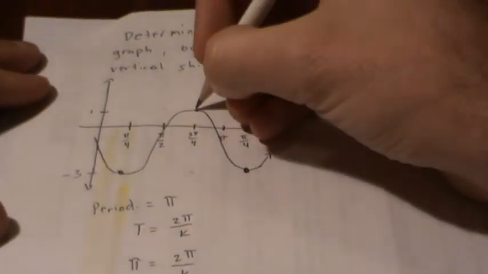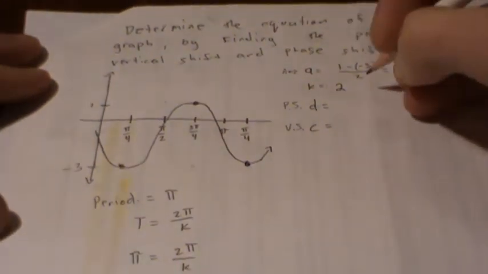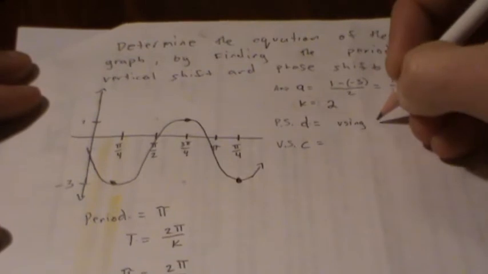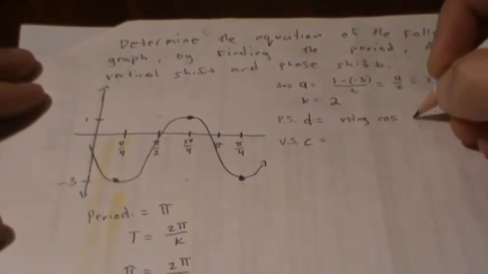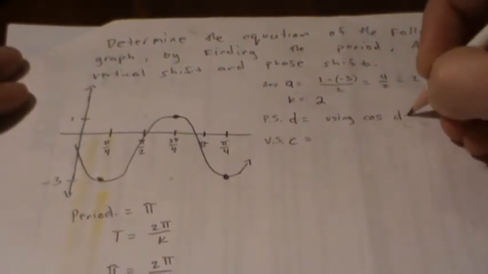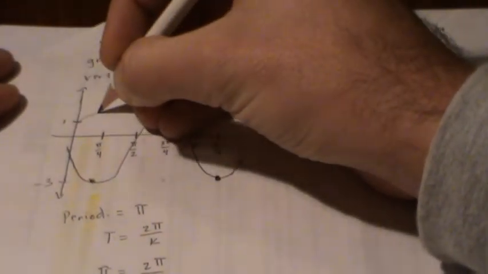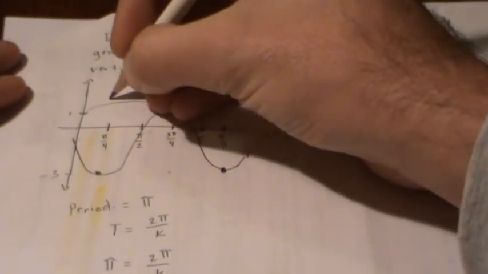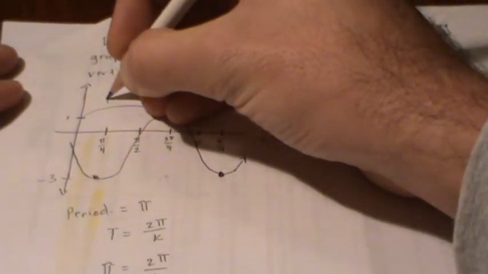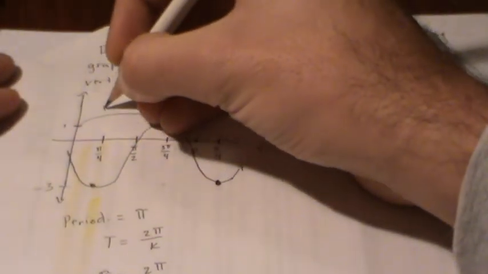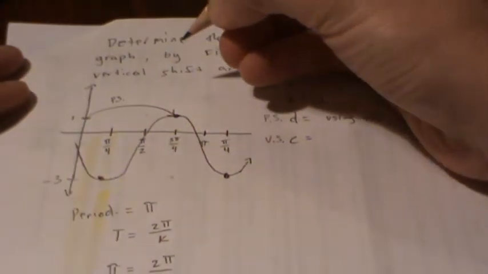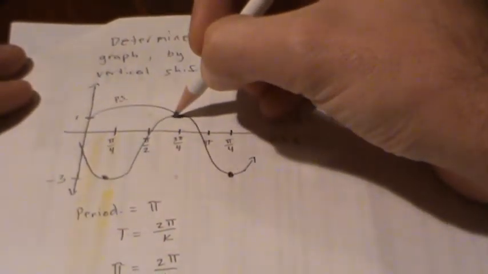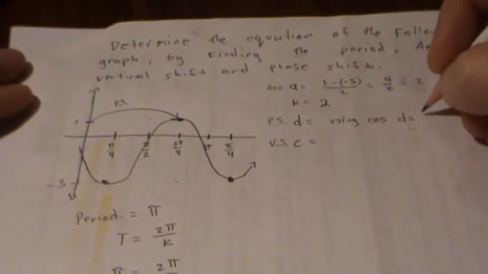Now the phase shift, if I choose to use cosine, the D value is the distance between the first maximum and the y-axis, so 3 pi over 4.